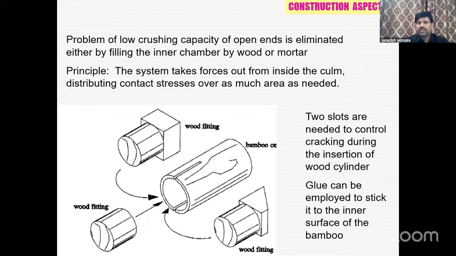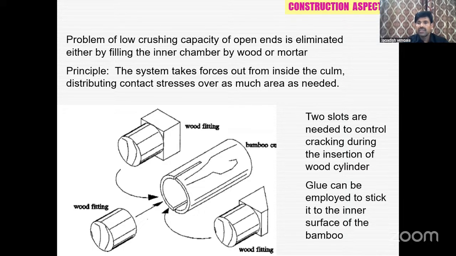One more very important thing is when you are using bamboo as a column, the top and the bottom portions have a very small contact area because only the wall thickness is resting on the ground. Again, at the top, the load is transferred only through the wall thickness. So you have to make it an even surface.